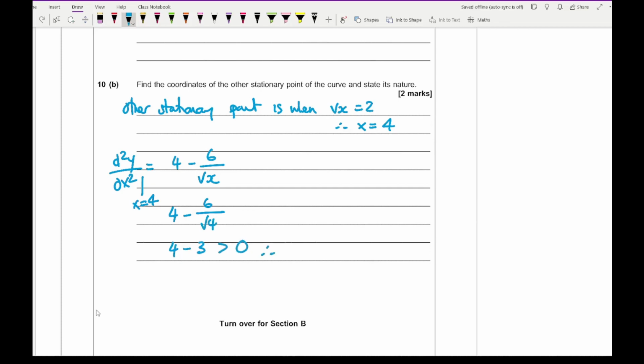So therefore it's a minimum point at x equals 4, and then when x equals 4, I want to find the y ordinate.